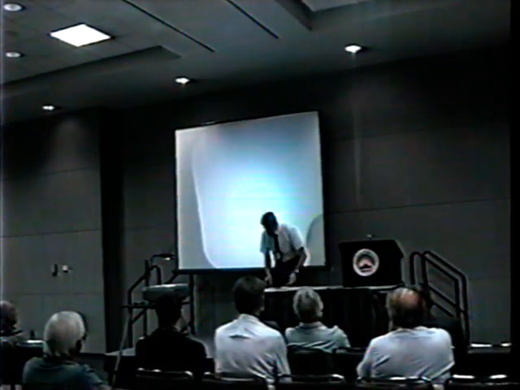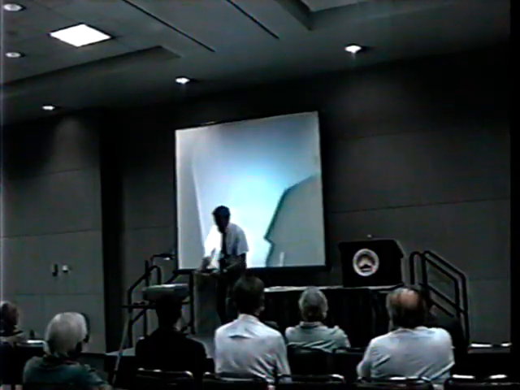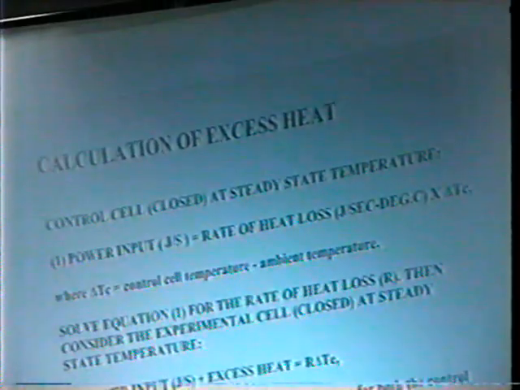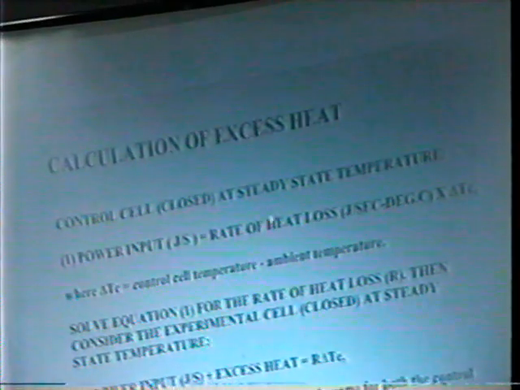So the way we calculate whether or not we have any excess heat in this is we wait till we have a steady state, and then in the control cell, the power input is equal to the rate of heat loss times the temperature gradient between the cell and the ambient.